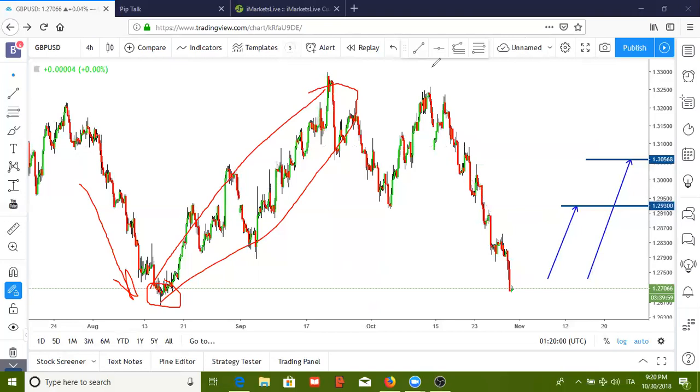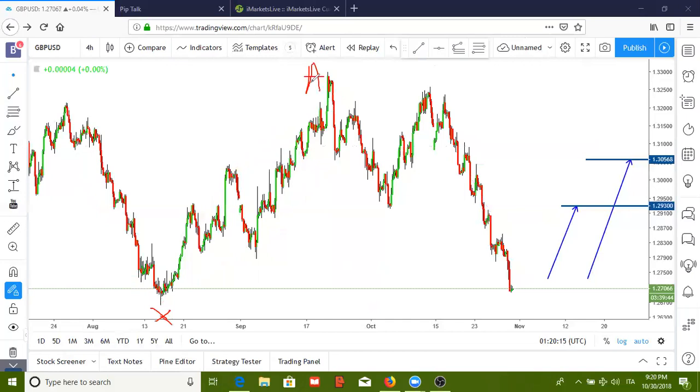So now I have this identified, have my X leg identified. Price then proceeded to push all the way up. I have my A leg identified. Now, looking at the market for what it is, I'm trying to do this in real time.